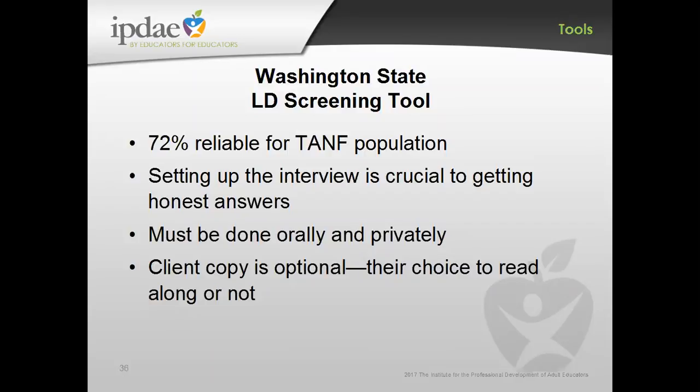A client copy, which would mean an identical copy that the student would have in front of him, is optional but is very helpful. Students like to read along with something that is being read to them, and the test is being read to them. So there's no reading comprehension that's required, because whoever is doing the screening will be reading the questions.